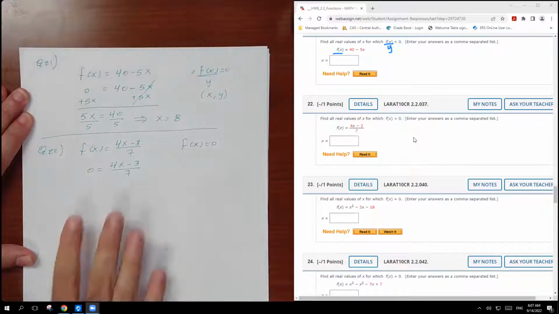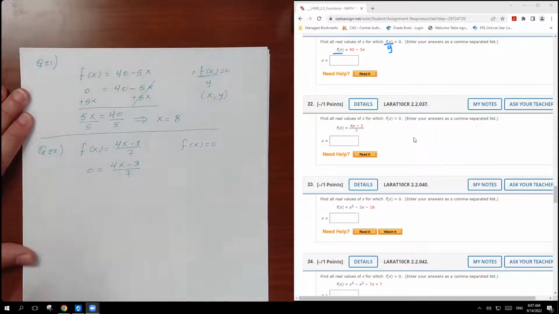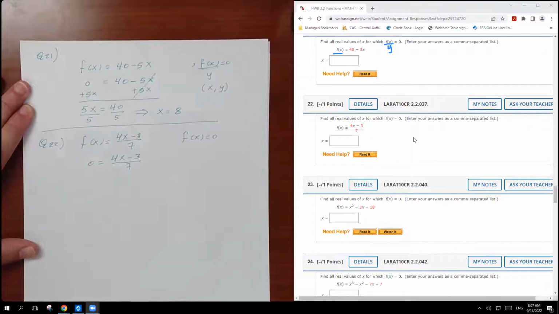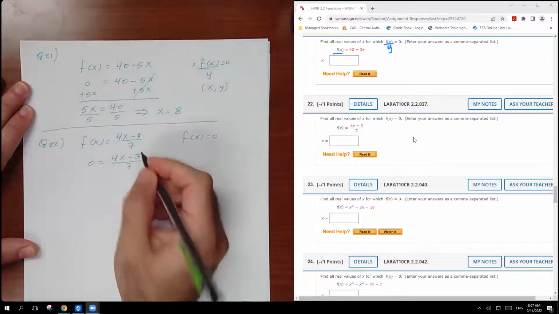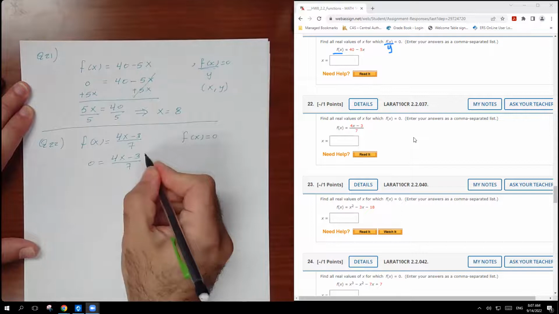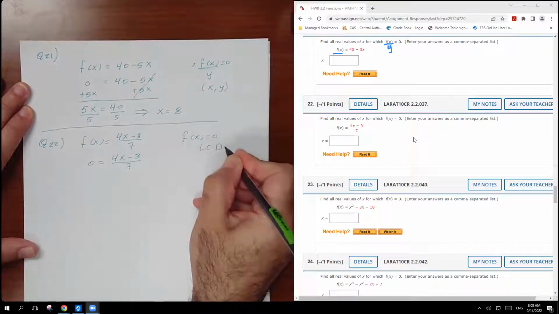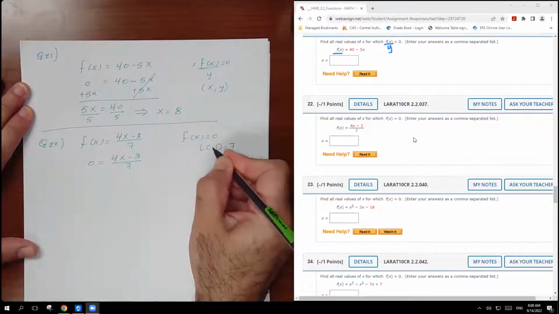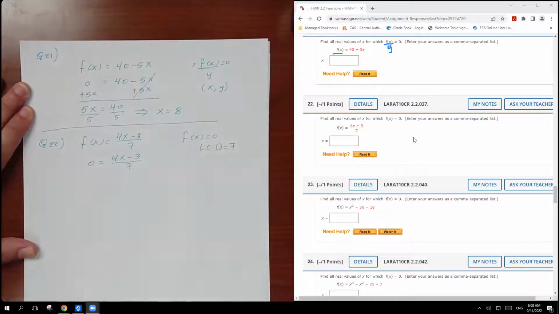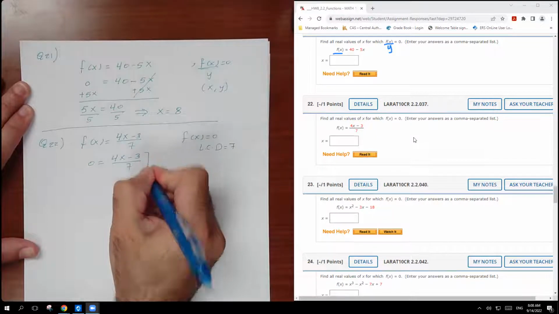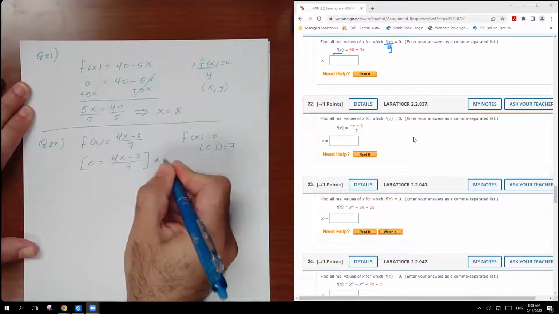Now here's the main thing. How I'm going to solve this one to find the value of x. To solve this one, we're going to just multiply by the least common denominator. So the least common denominator here equals 7. So I'm going to multiply both sides by 7. Like multiply the whole thing here by 7.